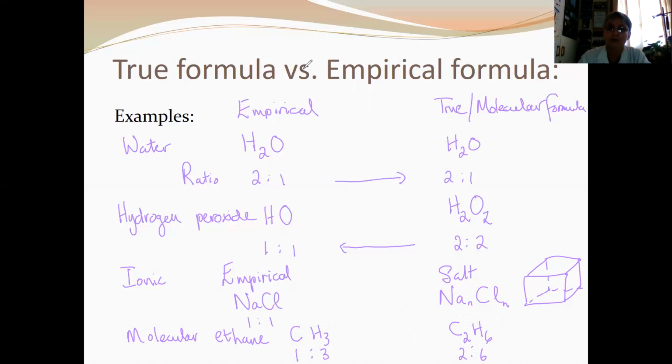Now, up to now, we've used formulas and calculated percentage composition from the formula. From this lesson on, we're going to use the percentage composition to get to the formula of the compound.